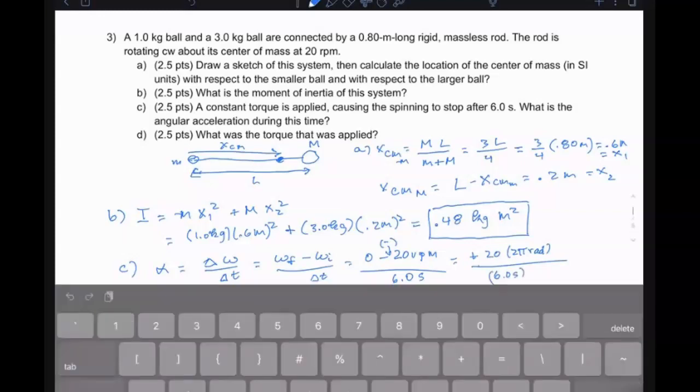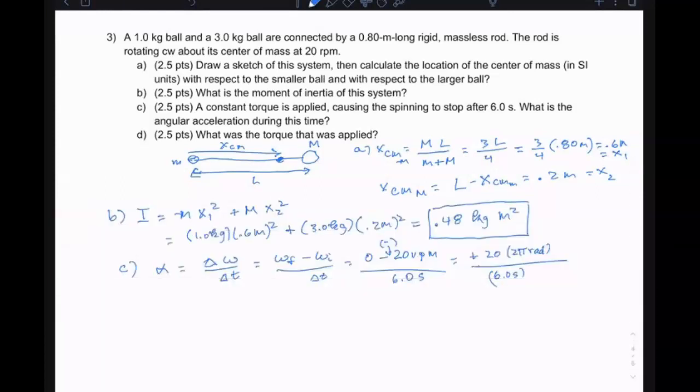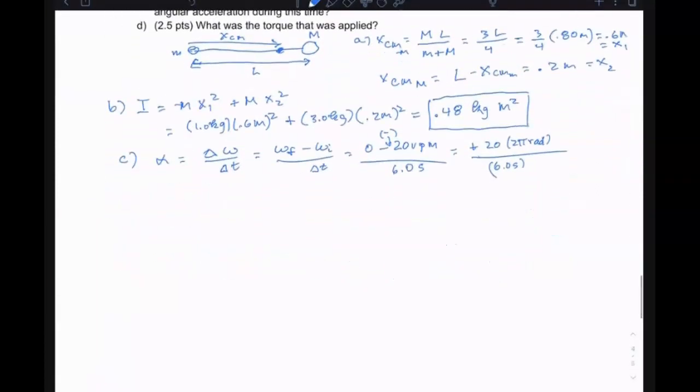And then we need minutes in the denominator, so we have a factor of 60 seconds in the denominator. And this results in an angular acceleration of plus pi over 9 radians per second squared, or 0.349 radians per second squared.